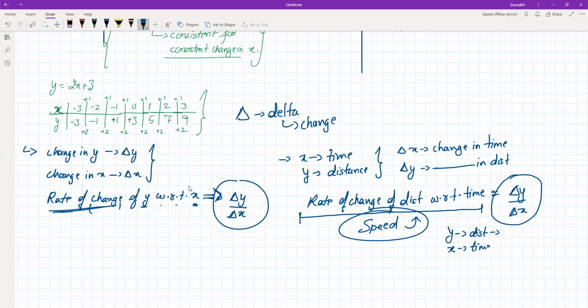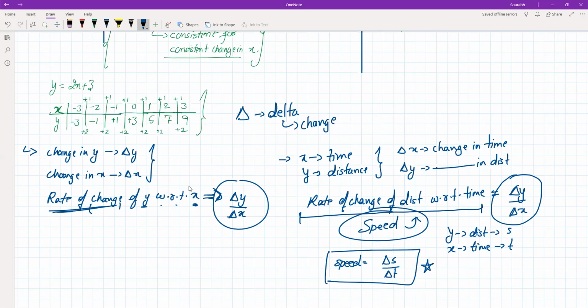You can choose t here, or you can choose anything else, for example s. So now what is speed? Speed is delta s divided by delta t. Correct? Change in distance divided by change in time.